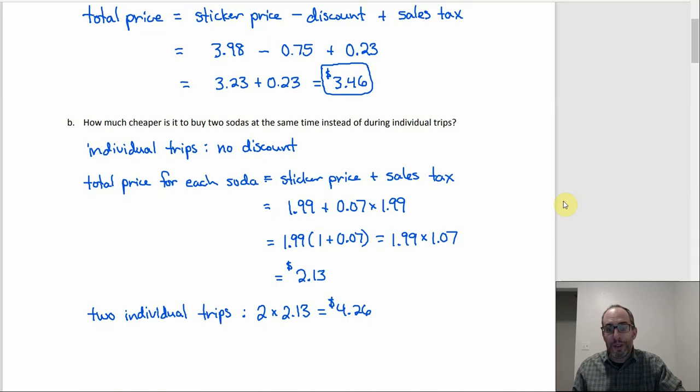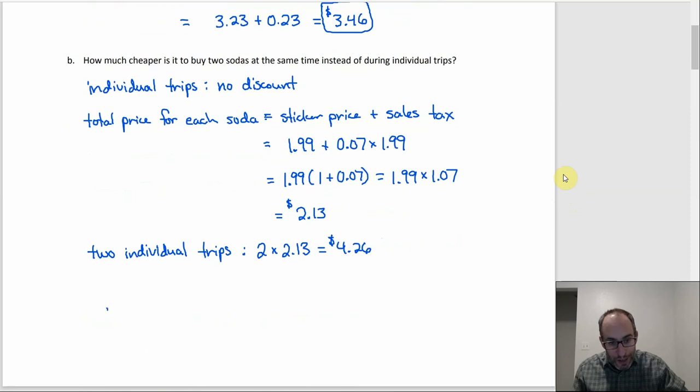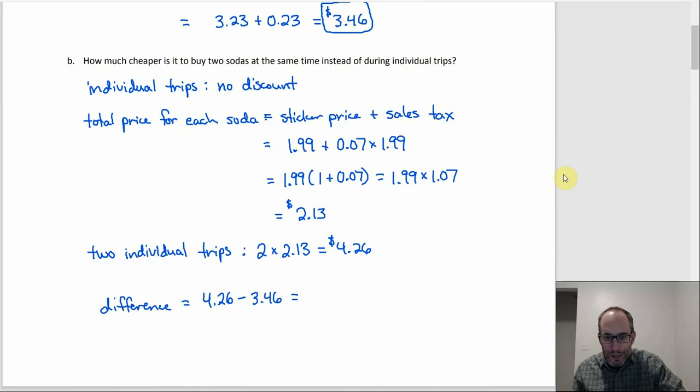So then the difference between them, which would tell you how much cheaper it is, right? Because if you get the discount, you buy the two at a time, you pay $3.46. If you buy them separately, it's $4.26. So then the difference would be $4.26 minus $3.46, which is 80 cents.